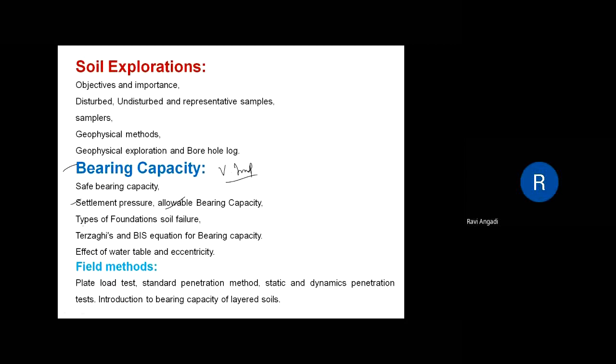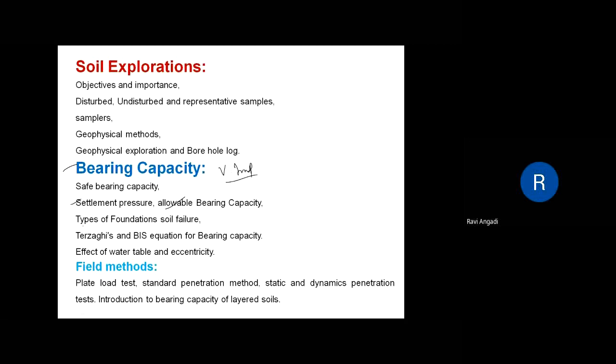Then the Terzaghi and Bureau of Indian Standard equations to calculate the bearing capacity. There are various methods to calculate the bearing capacity, but out of those, only two methods are mentioned: Terzaghi and Bureau of Indian Standard. What they prescribe to calculate the bearing capacity of a soil will be discussed.